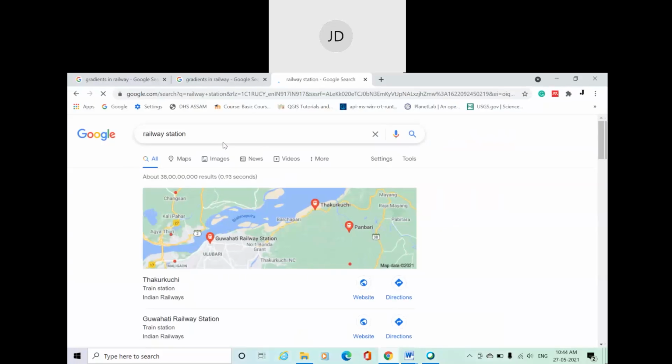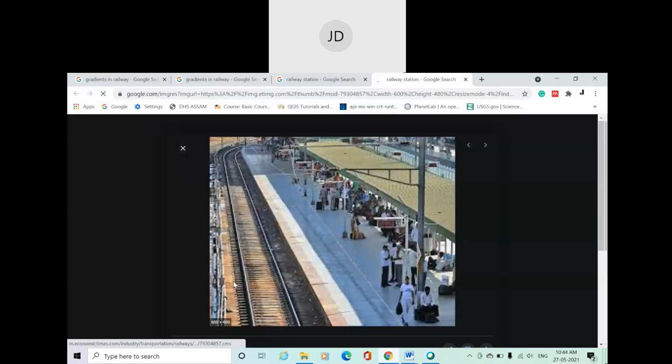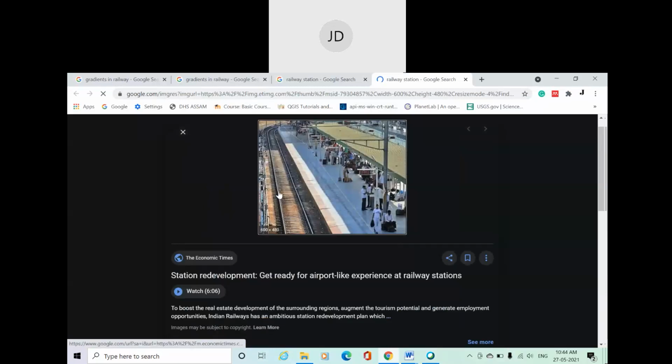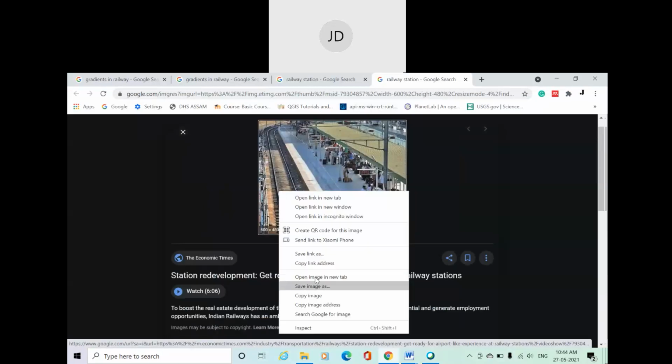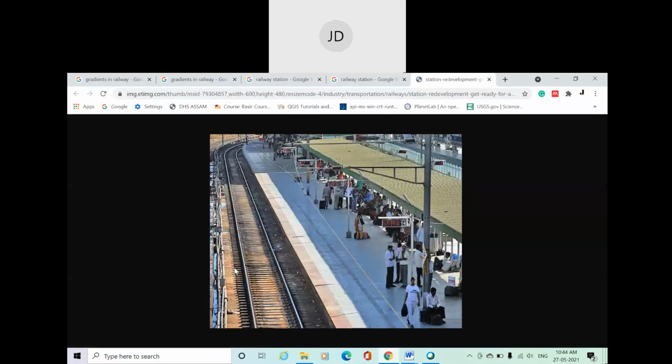Let's see some images of the railway station, whether it can be seen or not. I think here it is showing a little. Okay, can you see here? Let me show you a bigger picture. Is it visible here? This part, I'm talking about this part. Is it visible, right? Yes, sir.